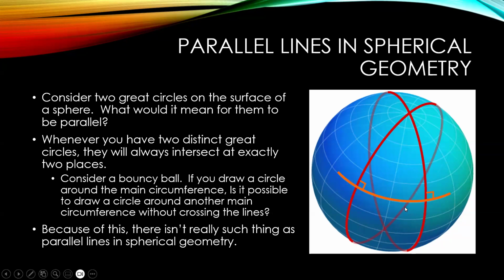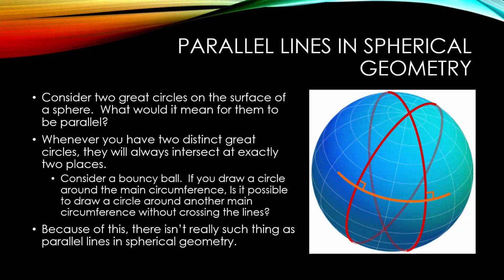If you want, you could think of them as having a north pole and a south pole where they're going to be crossing. Consider a bouncy ball. If you draw a circle around the main circumference, is it possible to draw a circle around another main circumference without crossing the lines? It's not possible.